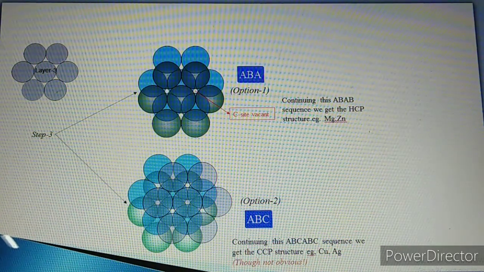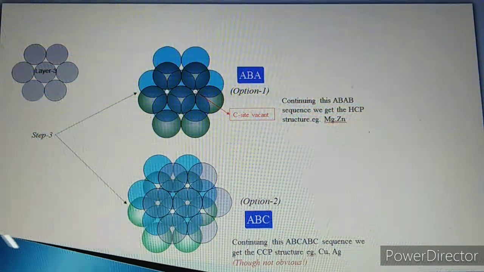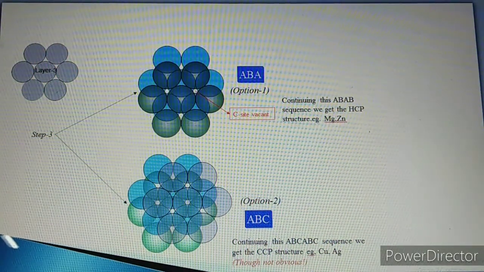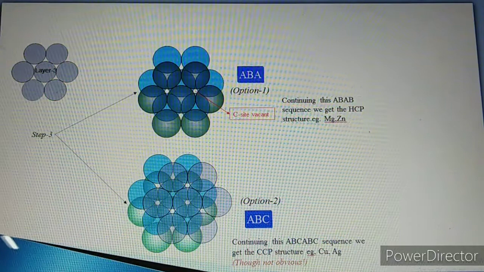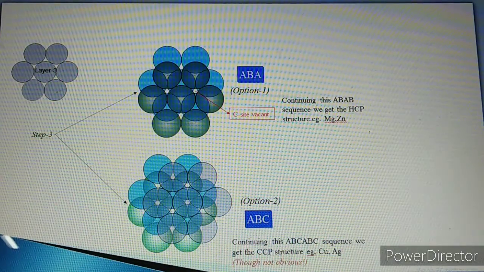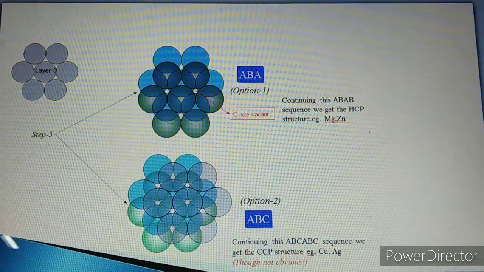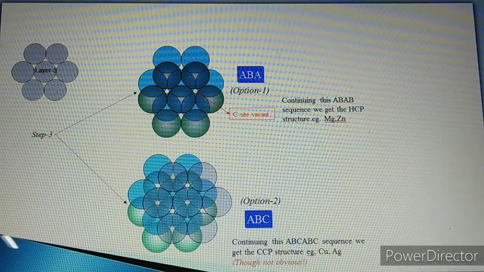While in both HCP, see option number 1, hexagonal close packed structure, and option number 2, that is CCP, or also FCC, face centered cubic structure, which results from stacking of hexagonal close packed layers in 2 different ways, each sphere is surrounded by 12 neighboring spheres. 6 are in its own layer, 3 are above and 3 below.